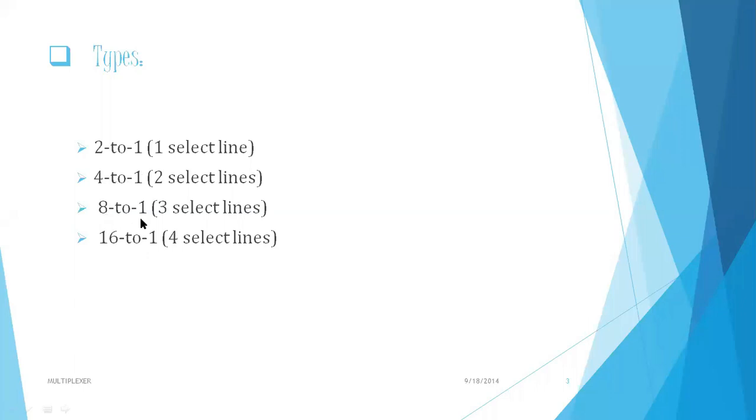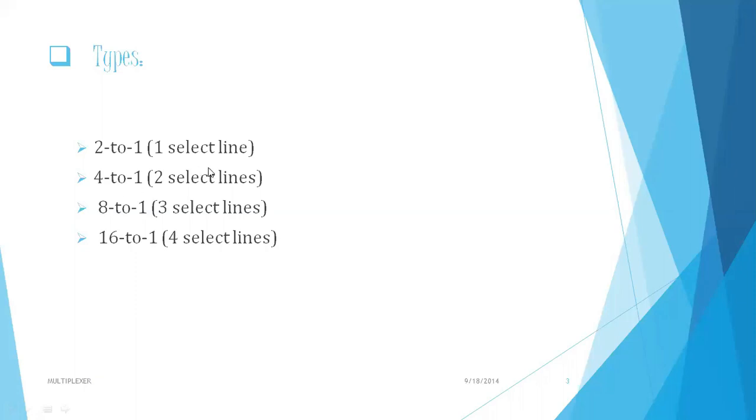Next, 8 to 1 multiplexer. 8 means 2 power 3, so 3 selection lines. And next is the 16 to 1 multiplexer. 2 power 4 is 16, so there are 4 selection lines.